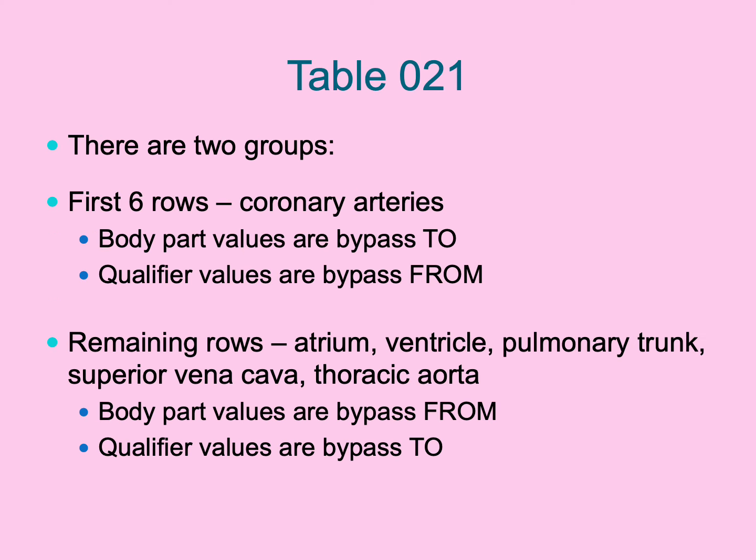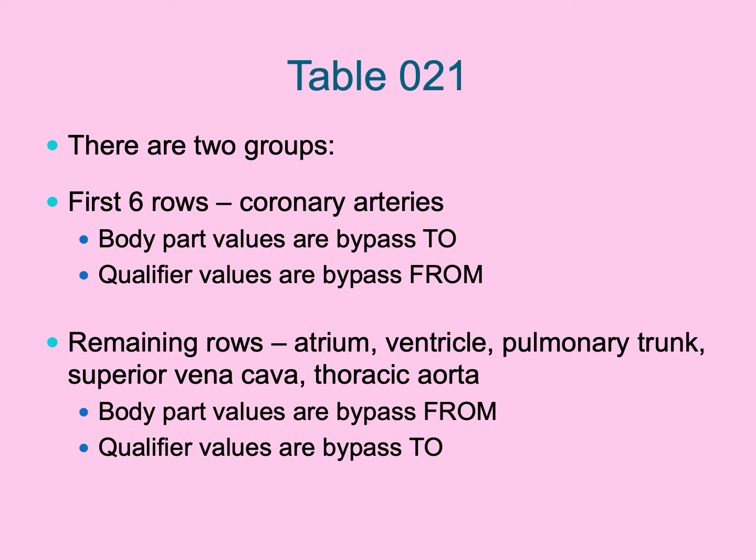So table 021 can be divided into two groups. If you look at the first 6 rows, those are coronary arteries. For these, the body part values are the bypassed to, the qualifier values are the bypassed from, and these are number of coronary arteries. They're not specific arteries, they're numbers of coronary arteries.